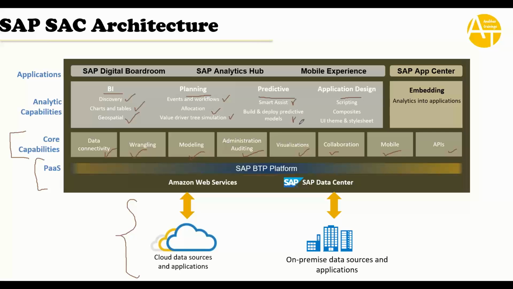It's also part of our training. And finally, we have application design, which includes scripting, composites, and theming experience. In addition to that, we have embedding, which means an Analytics Cloud dashboard can be embedded in another application like Fiori, and vice versa. You can embed a Fiori app inside Analytics Cloud. We will learn this also in our training.